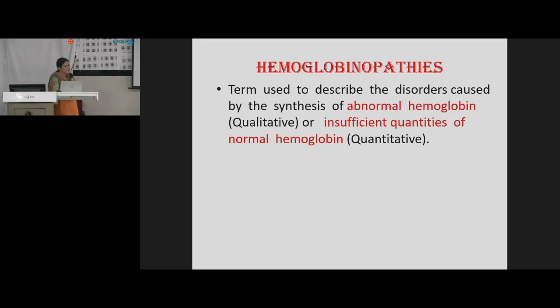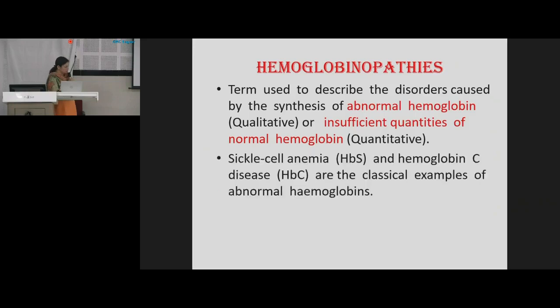There is no change in the amino acid sequence, but there are insufficient quantities of normal hemoglobin, which is called quantitative hemoglobinopathy. Sickle cell anemia and hemoglobin C disease are the classical examples of abnormal hemoglobins.